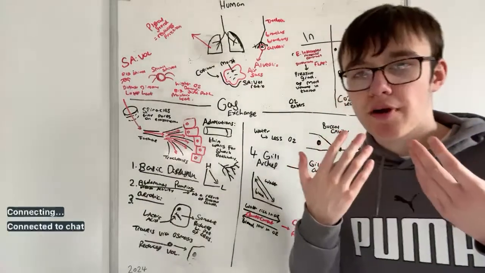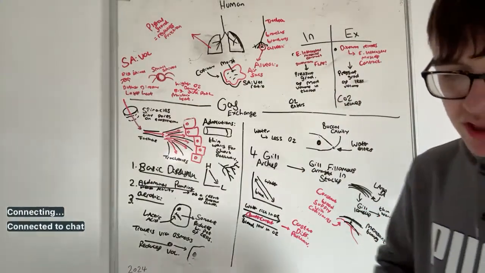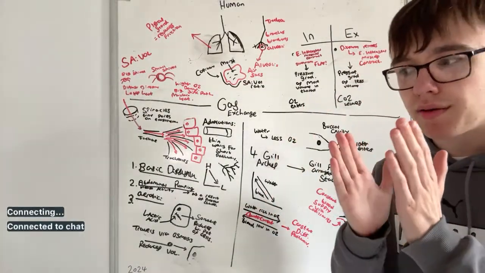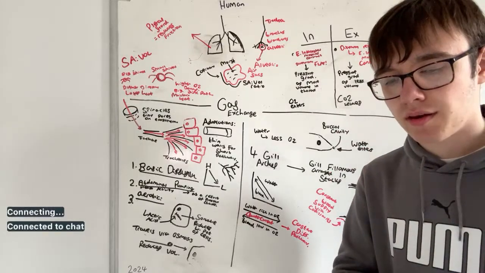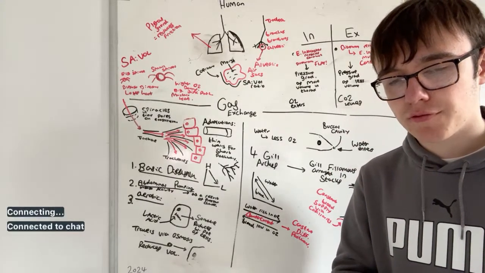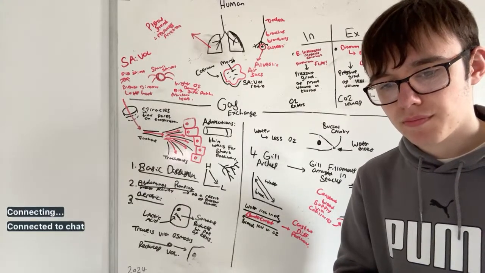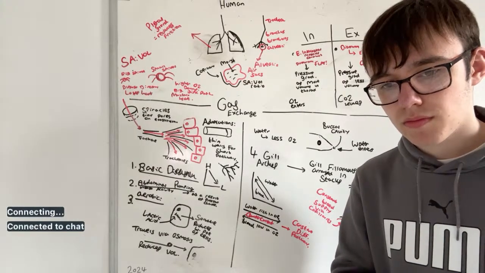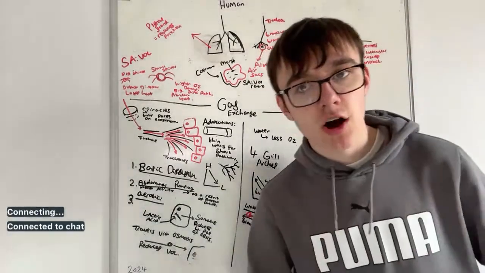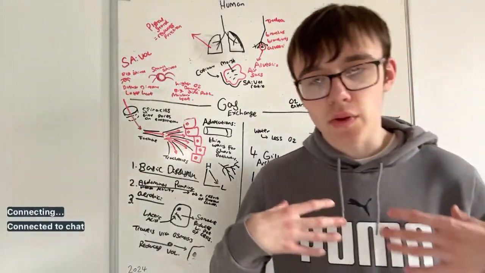You have your inspiration and expiration. So basically, in inspiration, your diaphragm flattens, and your external intercostal muscles will contract.